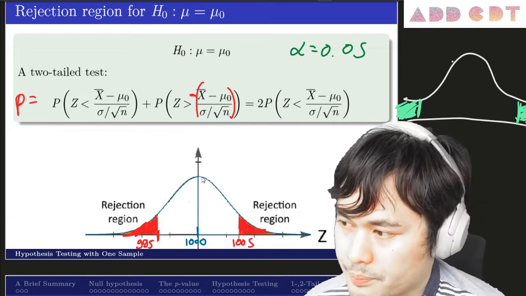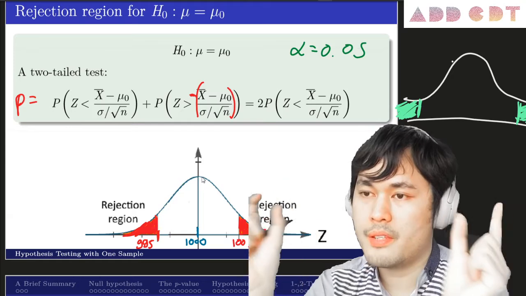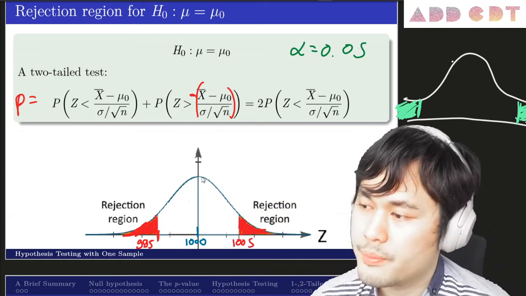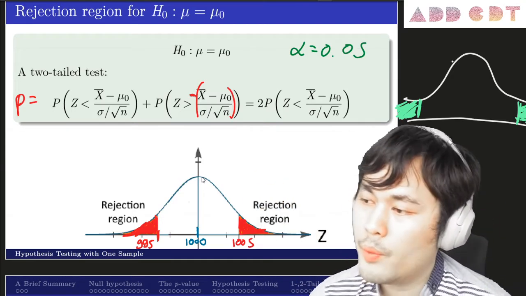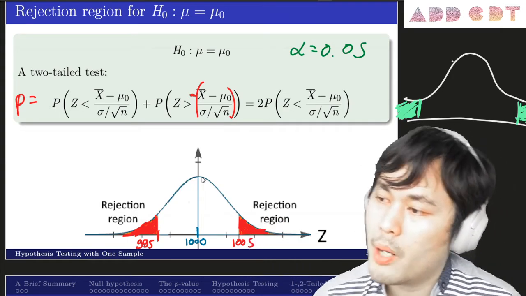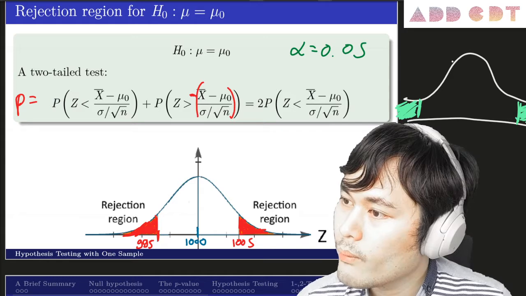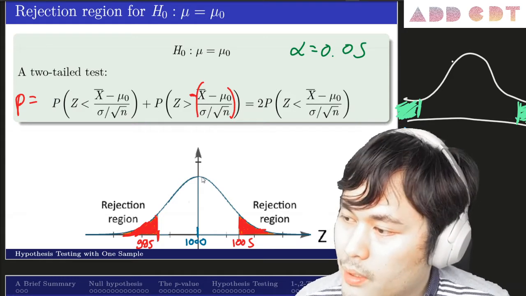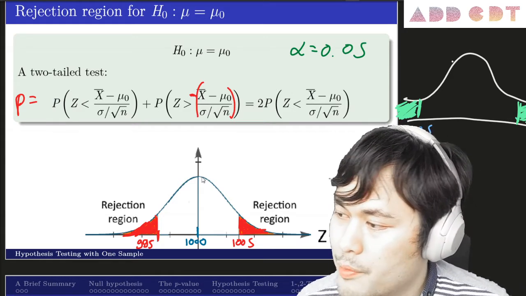And since we have 2 places where we reject, and we want the combined rejection area to be 0.05, that means each part only takes 0.025.